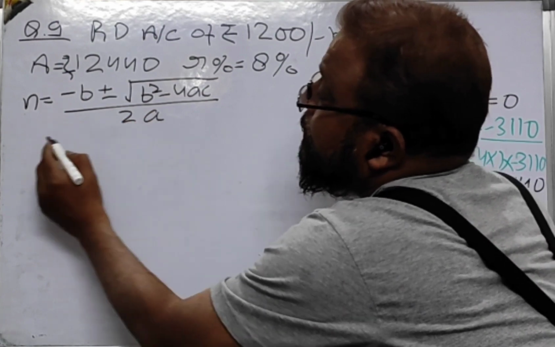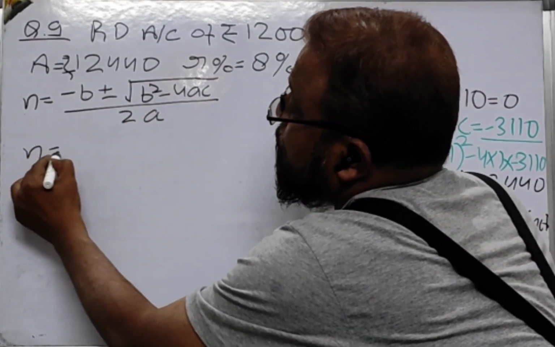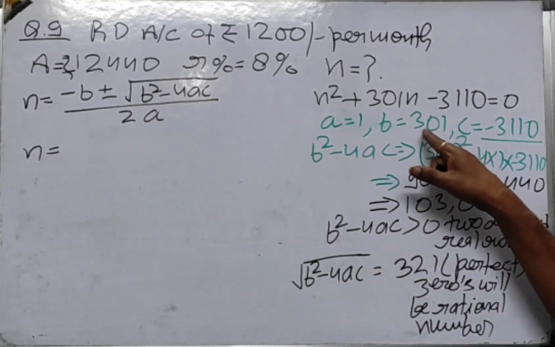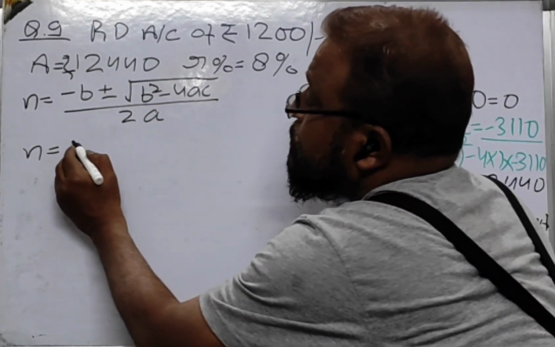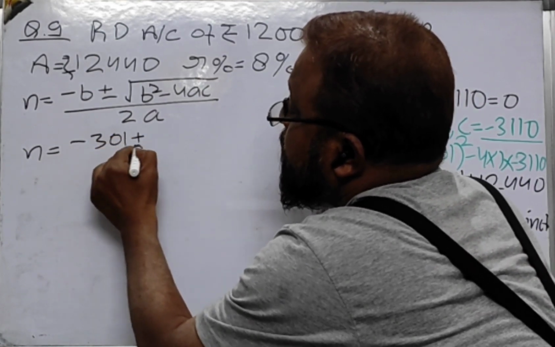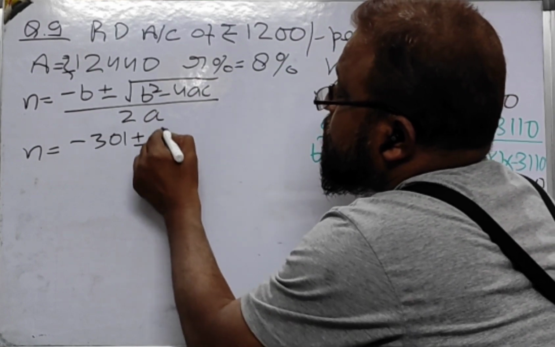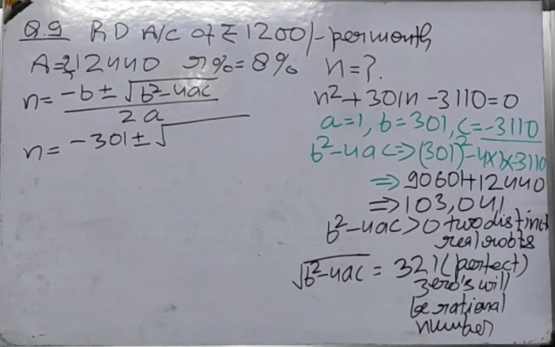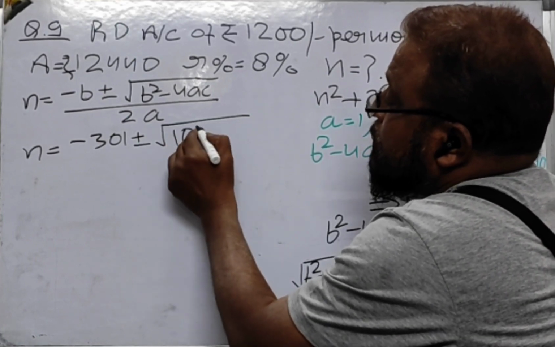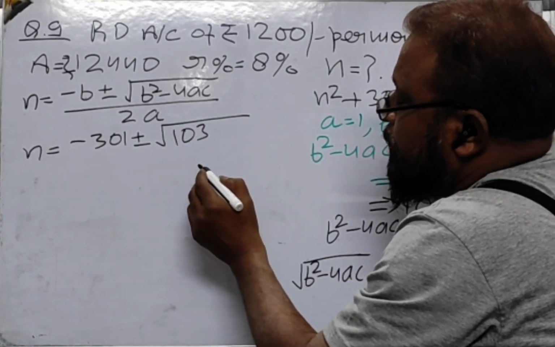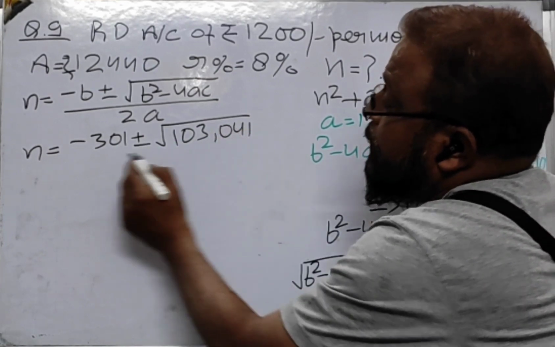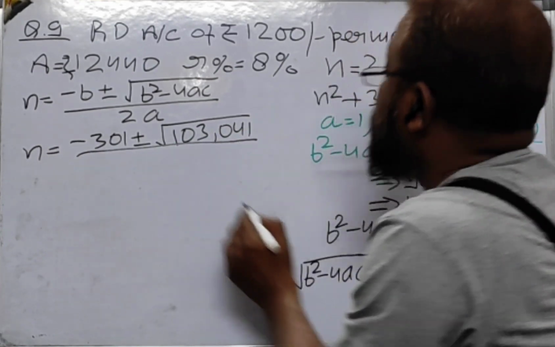So n is equal to, b is 301 and minus, so minus 301 plus minus the square root of 103,041, upon 2 into 1, a is 1.